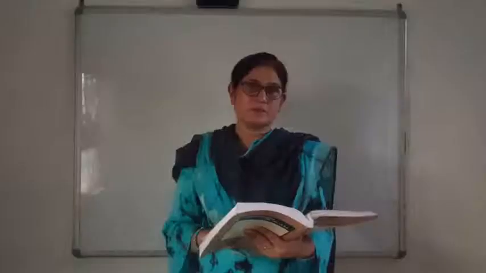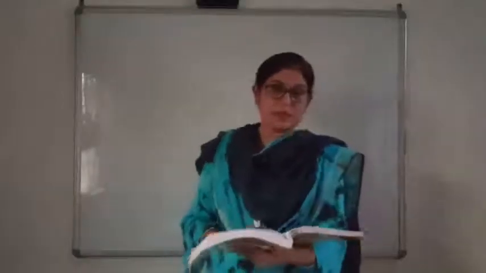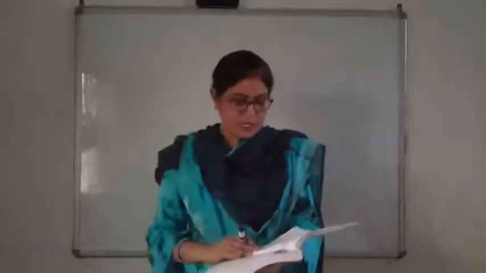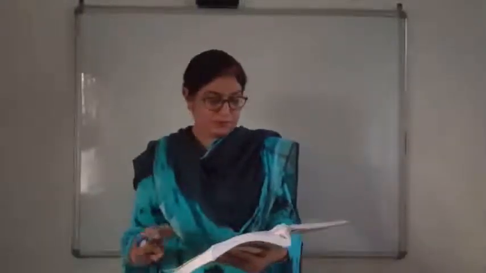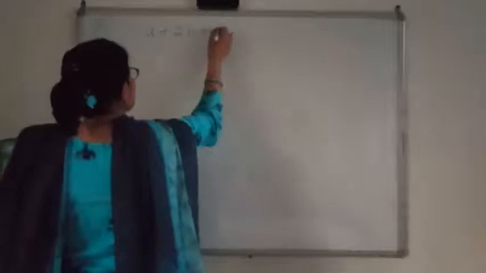Now 7th question. In this question, the value of a plus 2b plus c is given as 0 and you have to show a cube plus 8b cube plus c cube is equal to 6abc. So we will take this down. a plus 2b plus c equals 0.